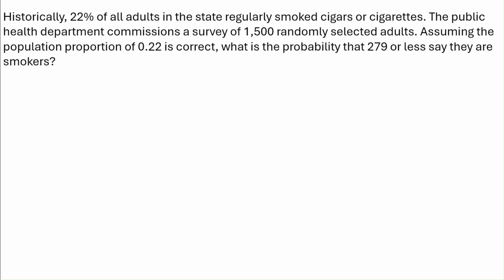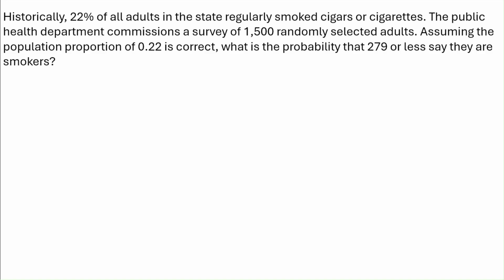For this particular problem, they're saying, assuming the population proportion of 0.22 is correct, what is the probability that 279 or less say they are smokers? A lot of problems will just say, what is the probability that less than 0.13 are smokers, just as an example. This one doesn't give me the actual proportion.